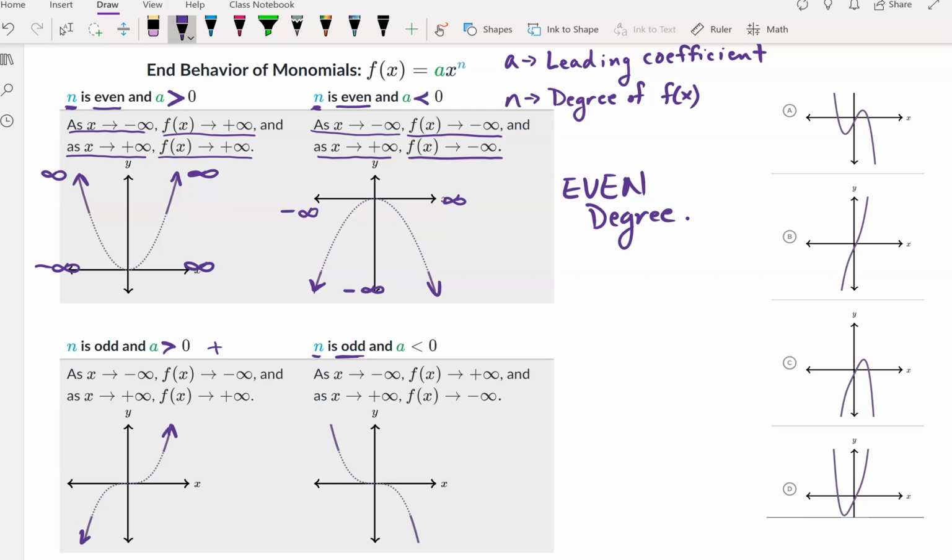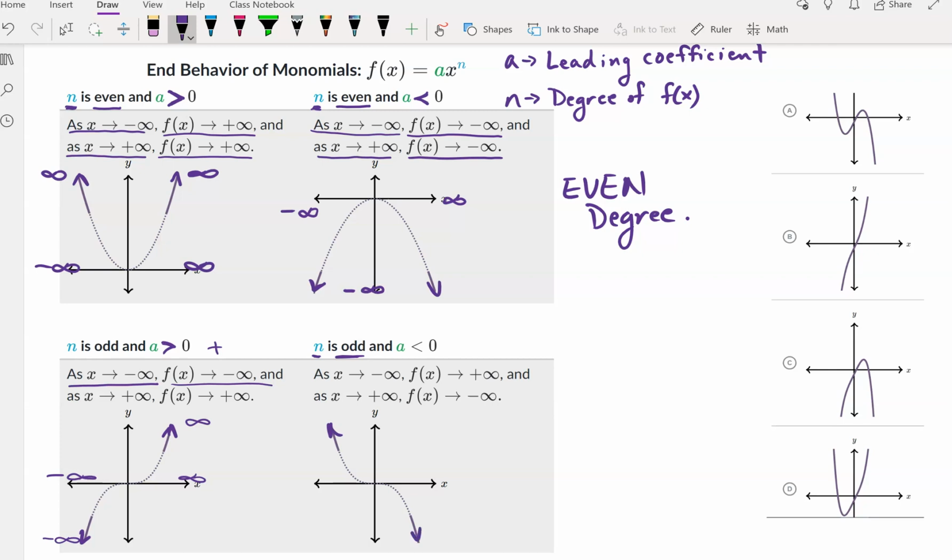So the way we talk about that, remember, in terms of notation, is as x goes to negative infinity, your y value is going down to negative infinity as well. And similarly, as x goes to infinity, your y value goes to infinity.